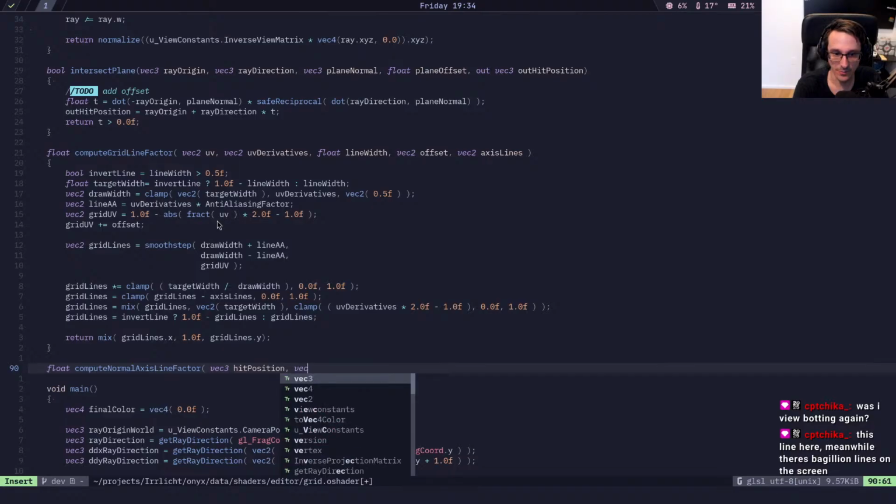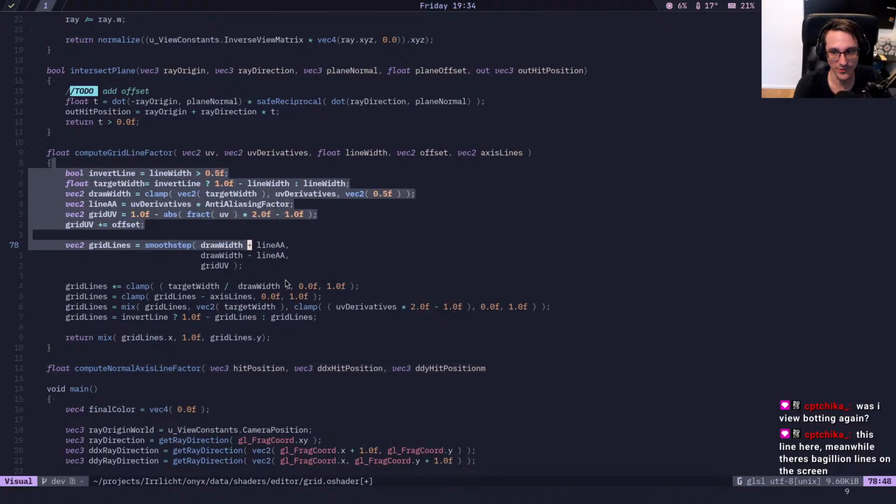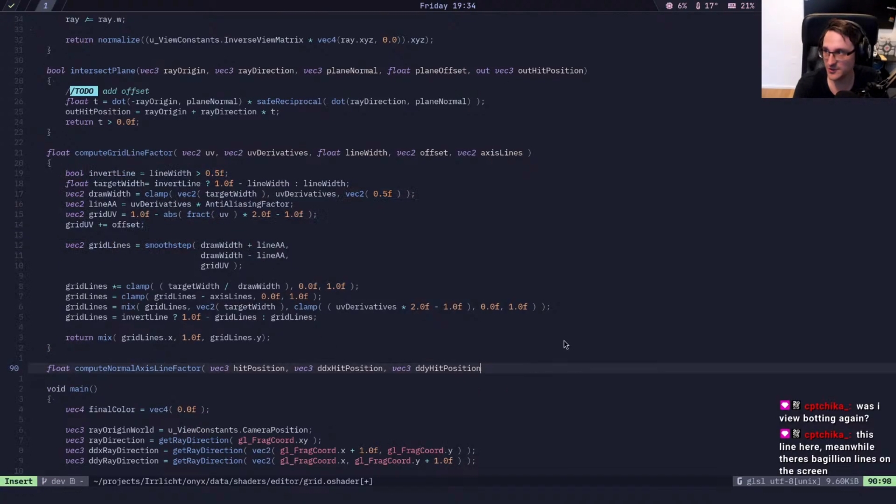We give it a hit position, a vec3 of ddx hit position, vec3 of ddy hit position. So it's very similar to this, just that we work on the world position, because we kind of need the world position here.